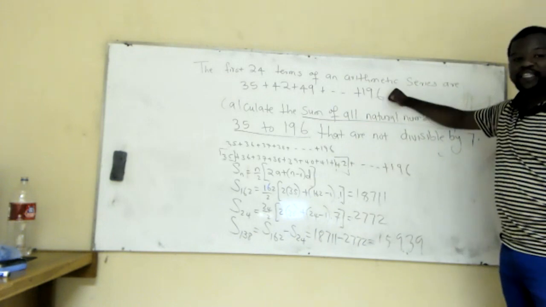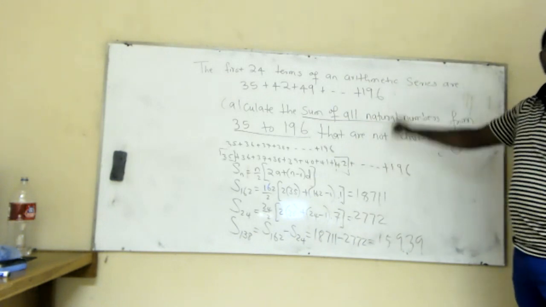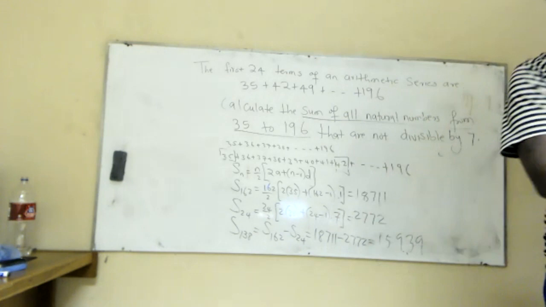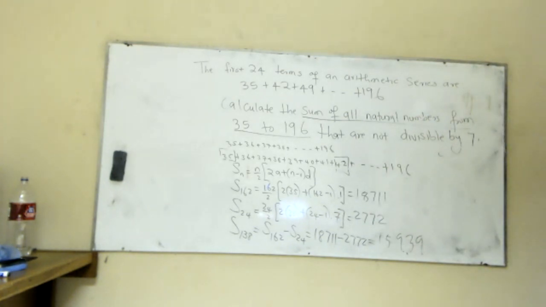If you are able to get this one we have on the board, I can tell you no question is going to be difficult for you under arithmetic sequence. So make sure you understand that question we have on the board. In the meantime, let me know if you do not understand something we have under this question.